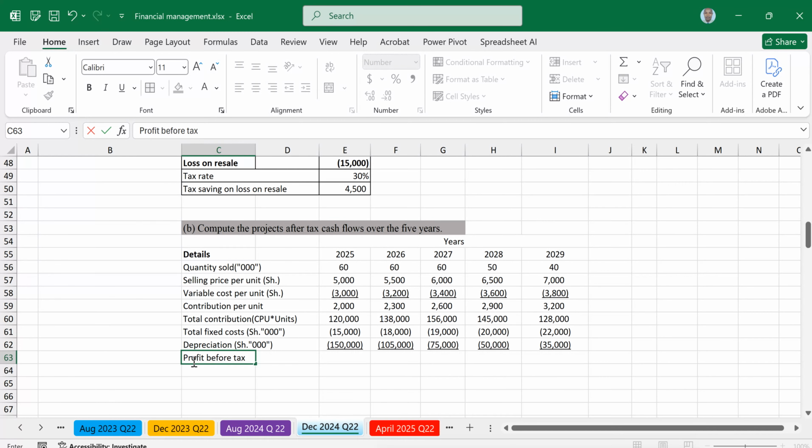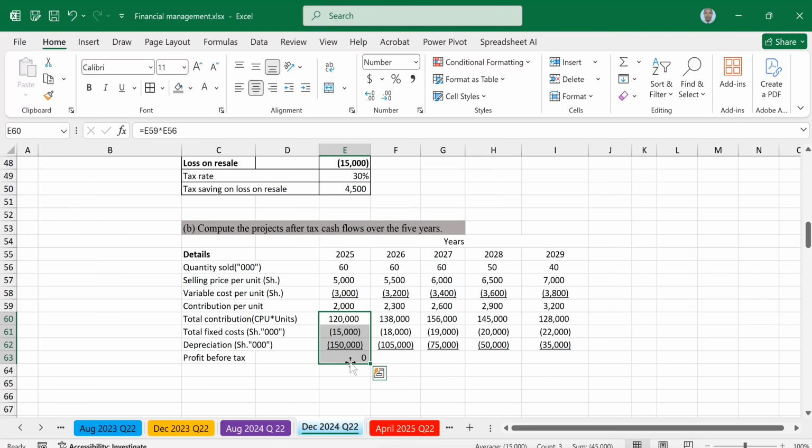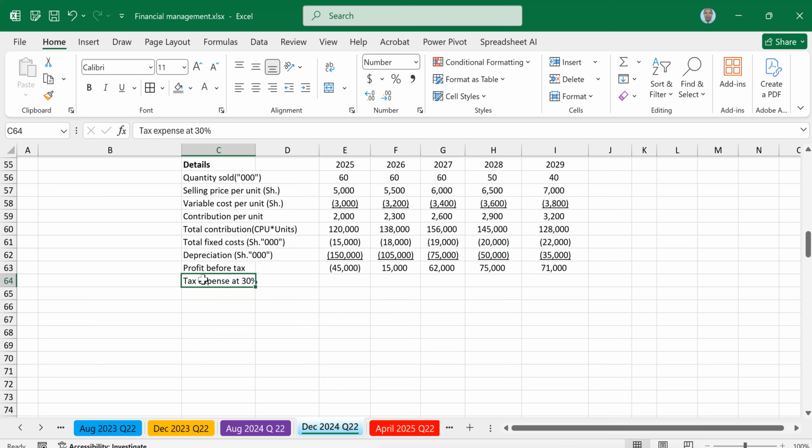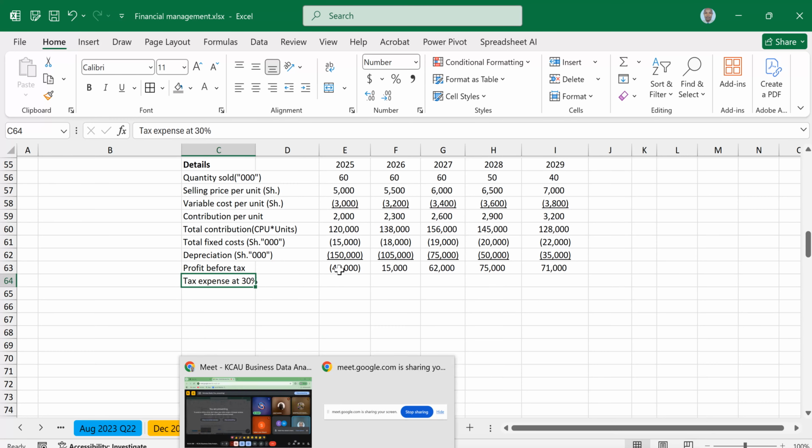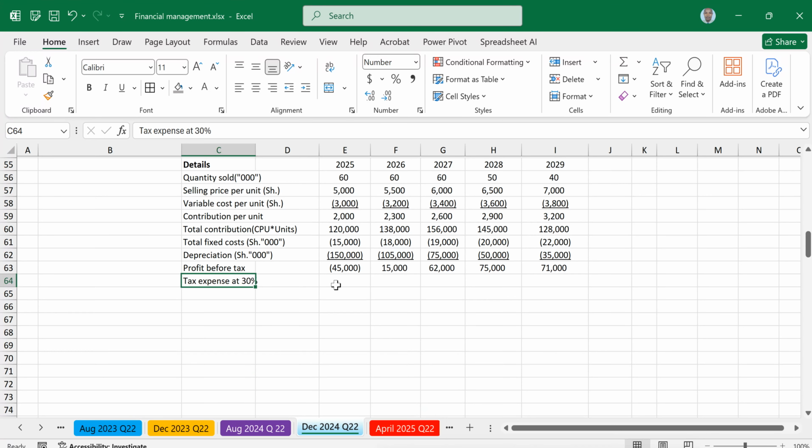Then profit before tax. Select and alt equal. Select from the total contribution, sum the two, because the other expenses are negatives, then drag across. Tax expense at 30%. Do we tax losses? Charles, do we tax losses? No. In FM, we don't. So you can use the if statement.